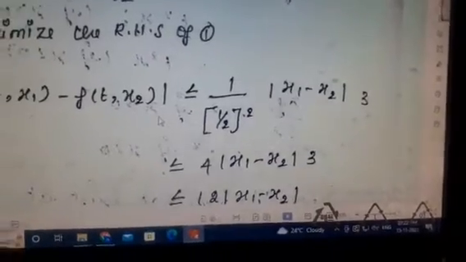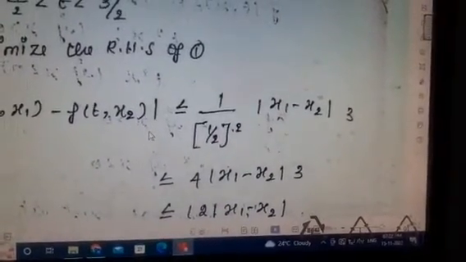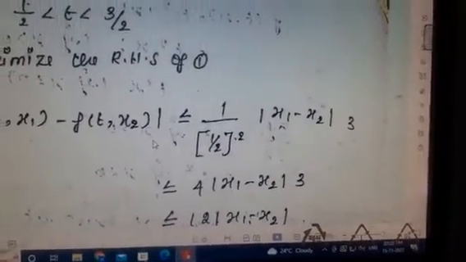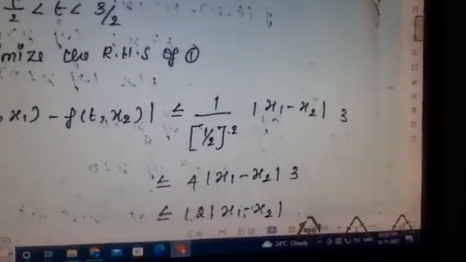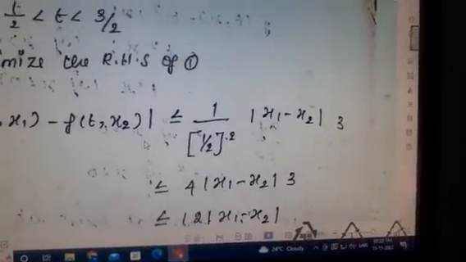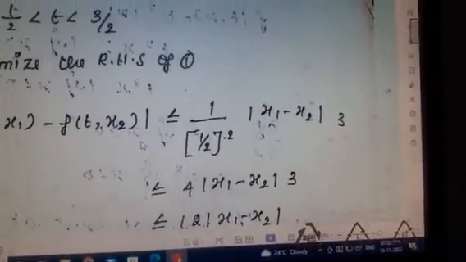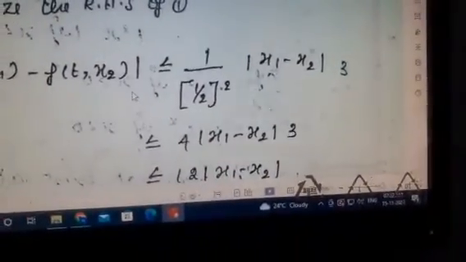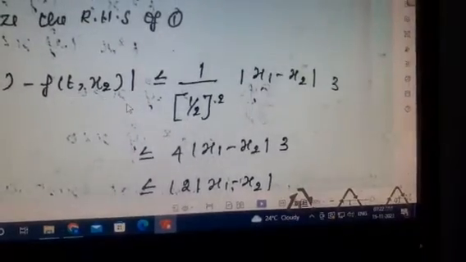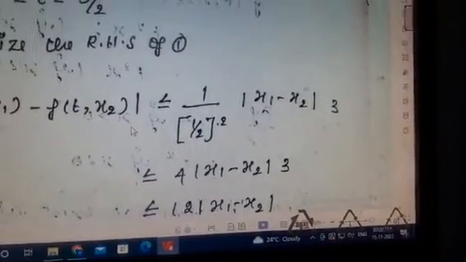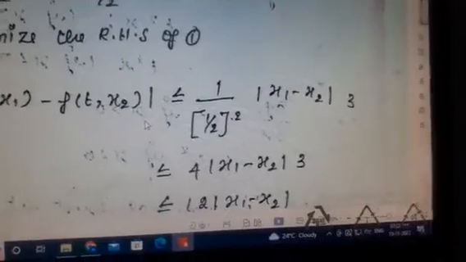So here 1 by 1 by 4, this 4 goes to the numerator, that is 4 times |x1 - x2| times 3. Now we multiply this: 4 times 3 is 12.